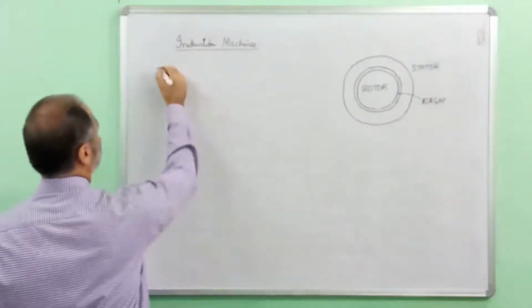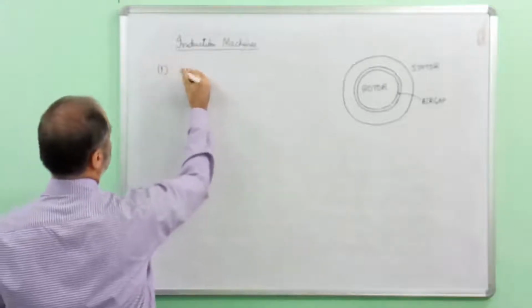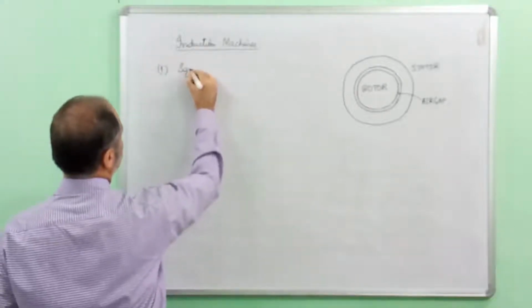The first type of rotor construction is known as the squirrel cage rotor.